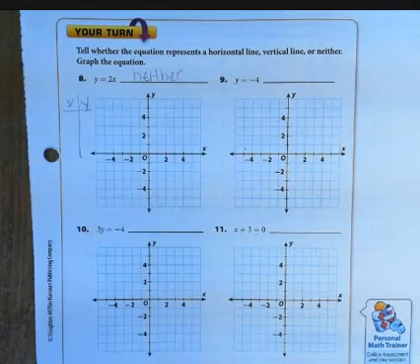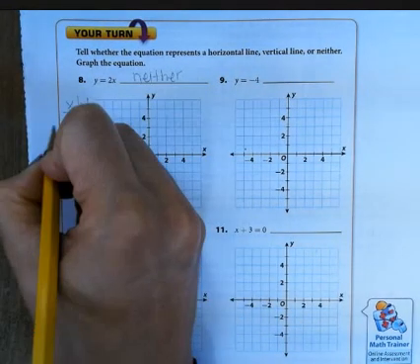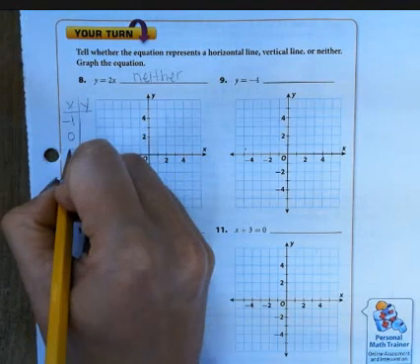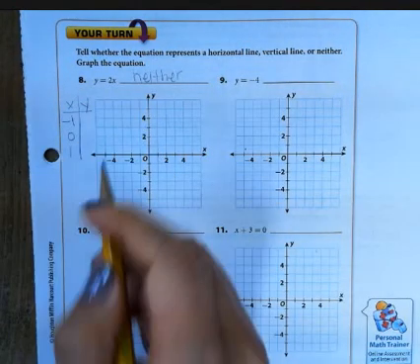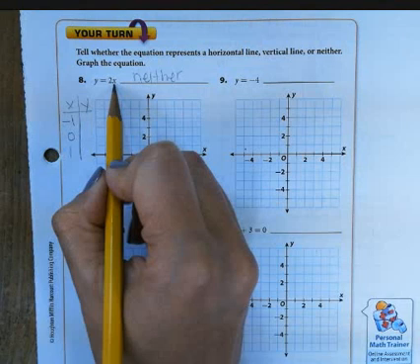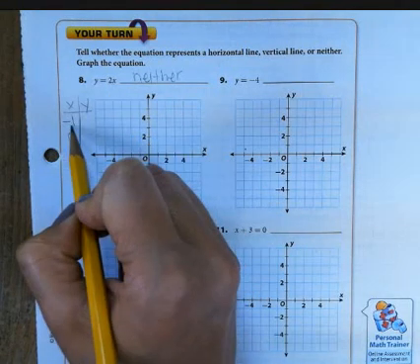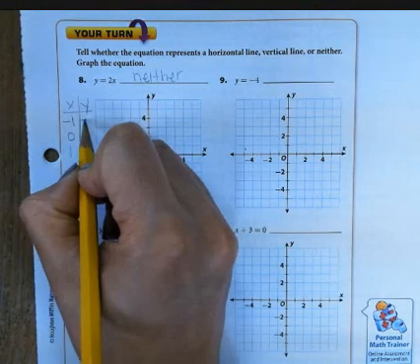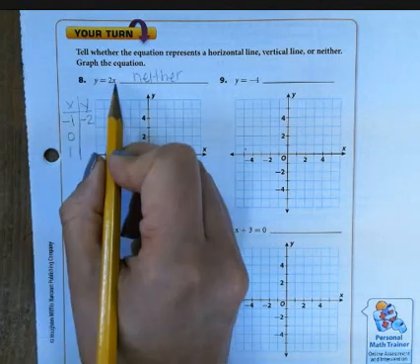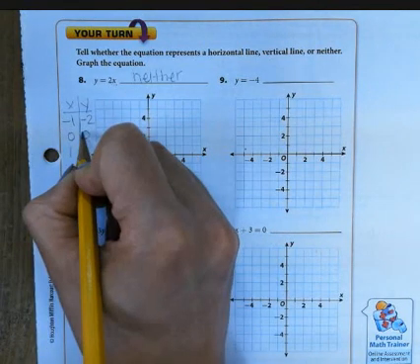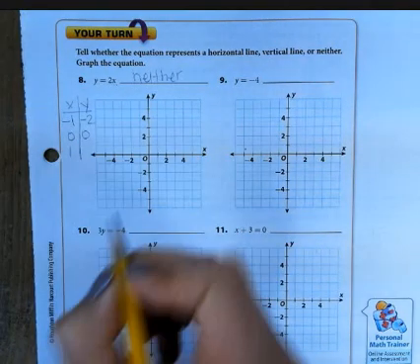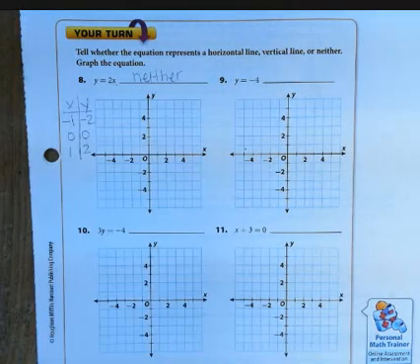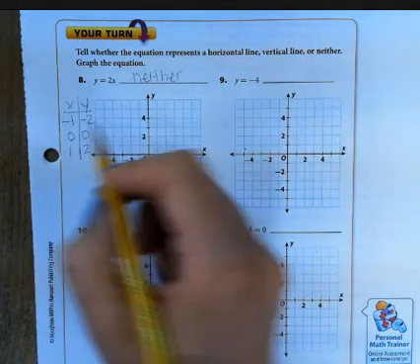So I can go ahead and plot those points. So I have -1 and -2, 0, 0, and then 1 and +2. And so right here, you can see that I have a regular diagonal line. So it's neither a horizontal line nor a vertical line.